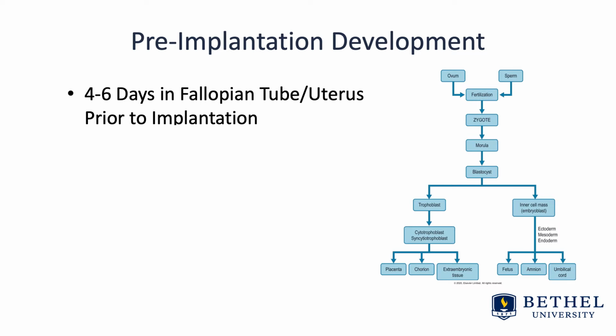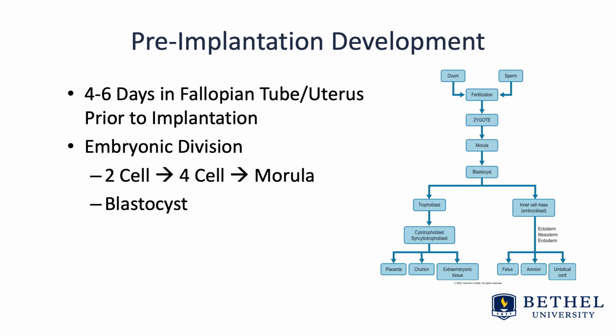So there, you can see in the graph on the side, there's a view of each step and what's happening through each step. So the embryonic division is going from 2-cell to 4-cell to the morula, which is Latin for mulberry or berry. So just remember a raspberry type structure. And then it becomes the blastocyst with 2 distinct cell lines and then implantation.